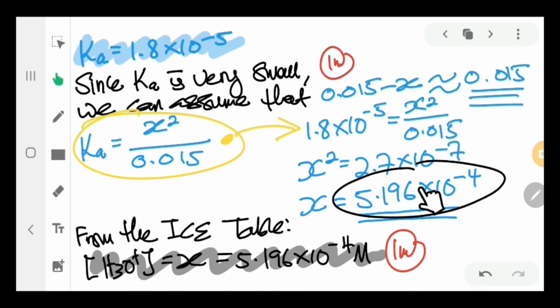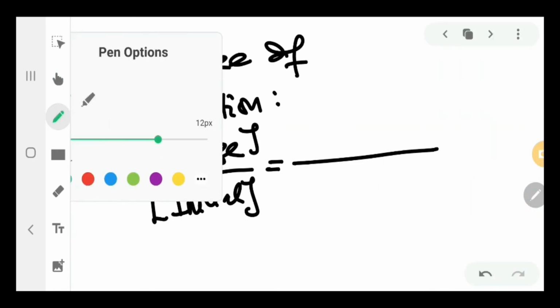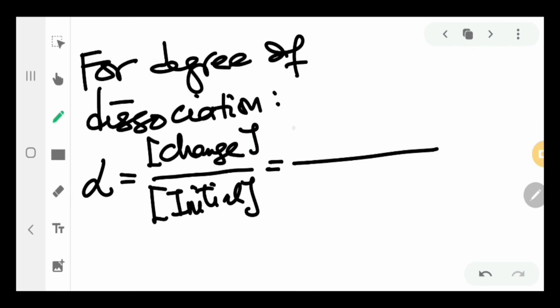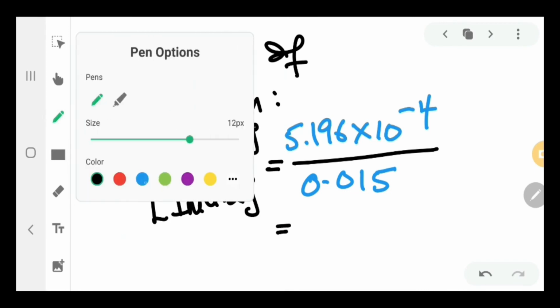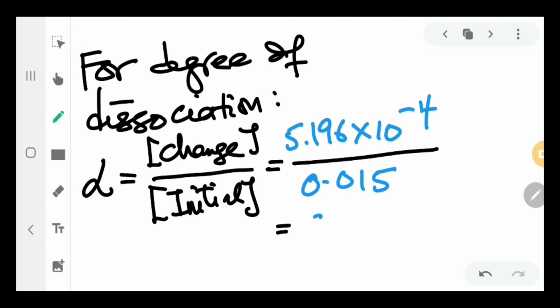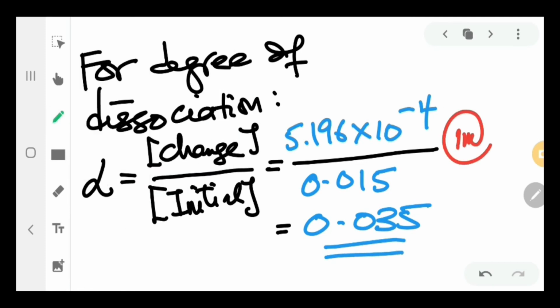So we're going to plug in the value, 5.196 times 10 to the power of negative 4, and the initial is 0.015. So degree of dissociation is about 0.035. So you'll get 1 mark for this and 1 mark for that one.